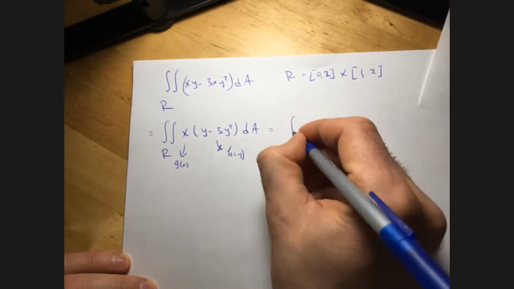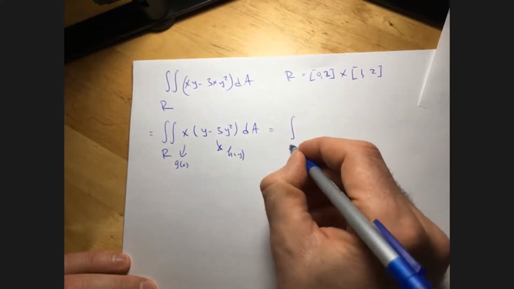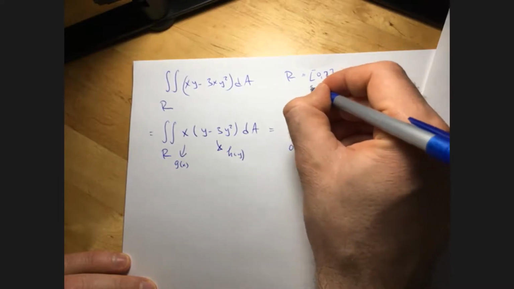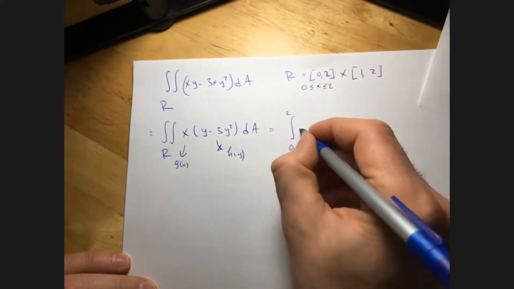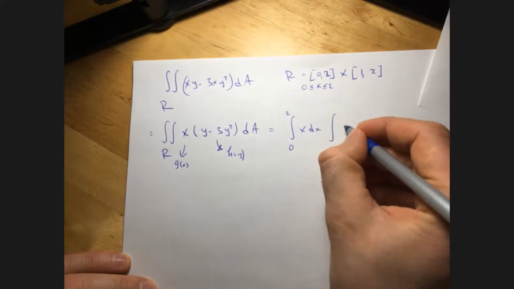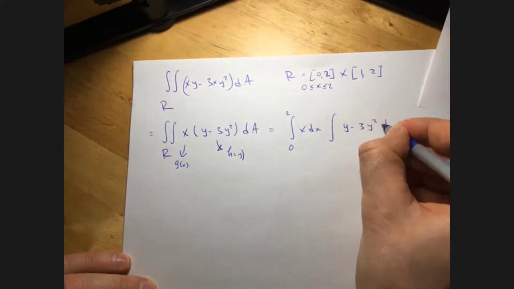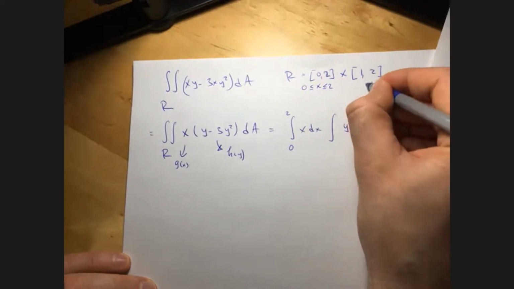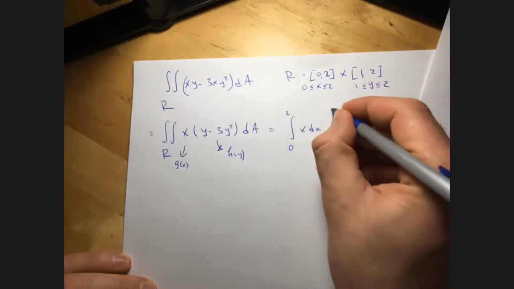So this can be written as the single integral from 0 to 2, because x goes from 0 to 2, of x dx, and then y minus 3y squared dy, y goes from 1 to 2.